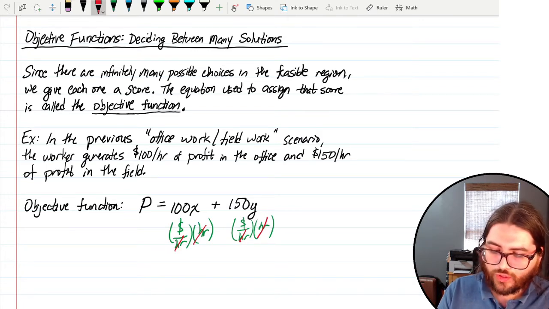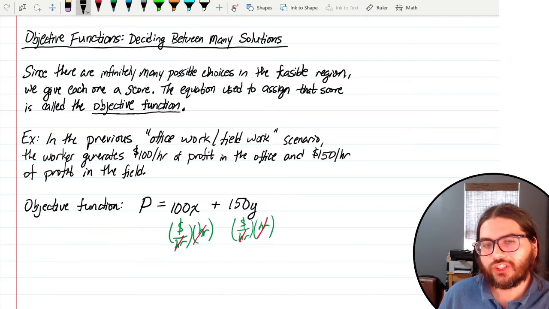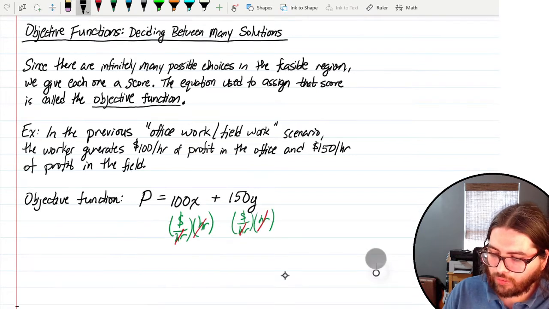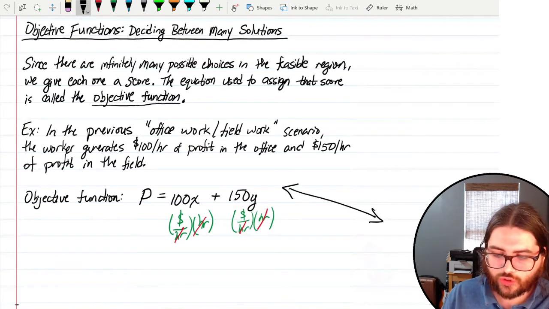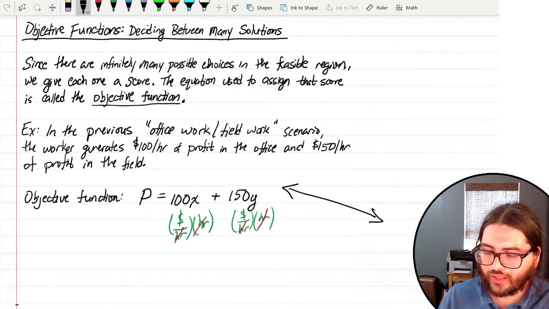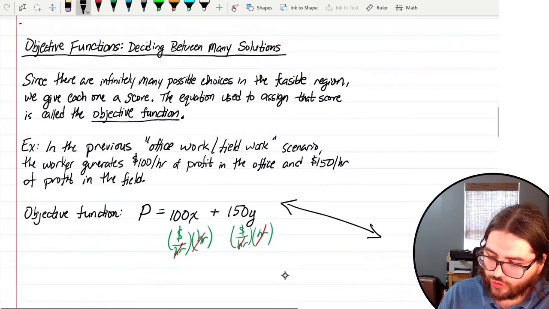Once we have that objective function, notice how the objective function is an equation, not an inequality. If I were to put the objective function in the graph, it would be a perfectly straight line. It would not be shaded one direction or the other. 100x plus 150y is equal to a number. And so I would have to choose.